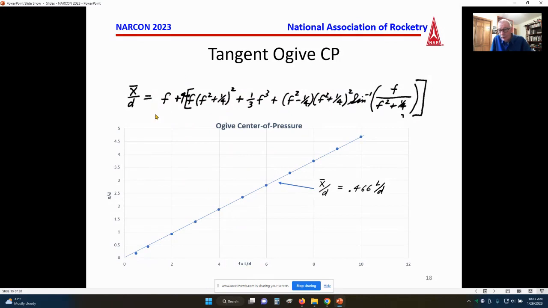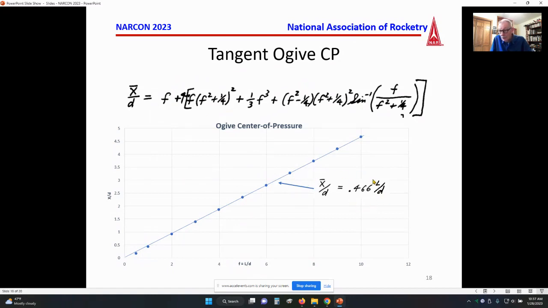delve into computer capabilities. And it turns out that when you do that, this complicated thing turns into what in essence is a linear function. Crazy, but it is. And by using that linear function, you can take all this and crank it down to 0.46, a simple constant, just like for a conical nose cone or for an elliptical nose cone.